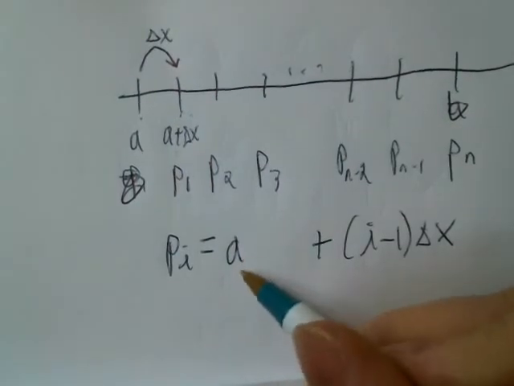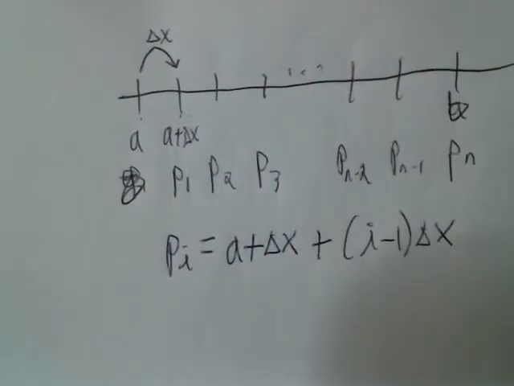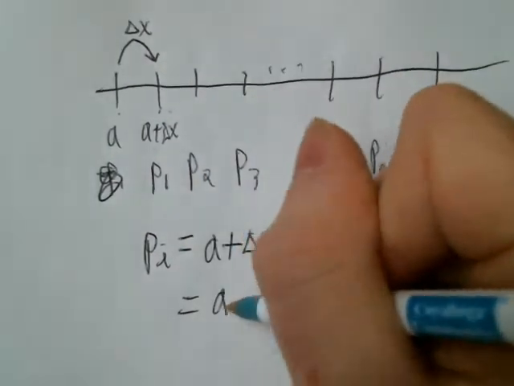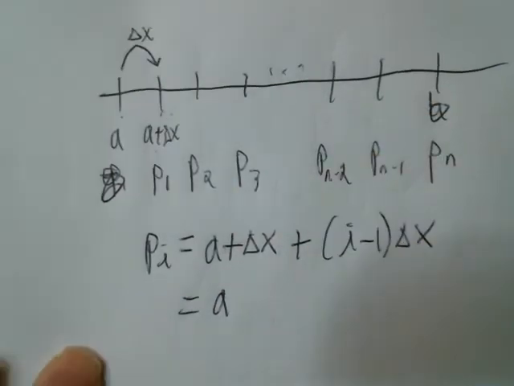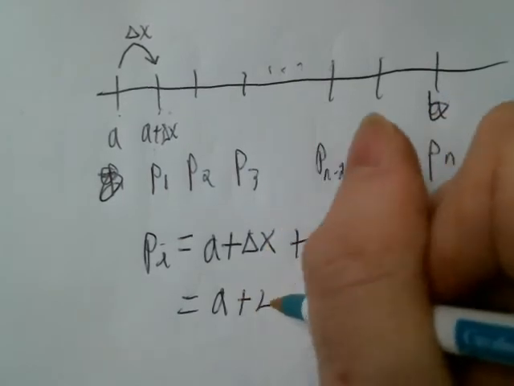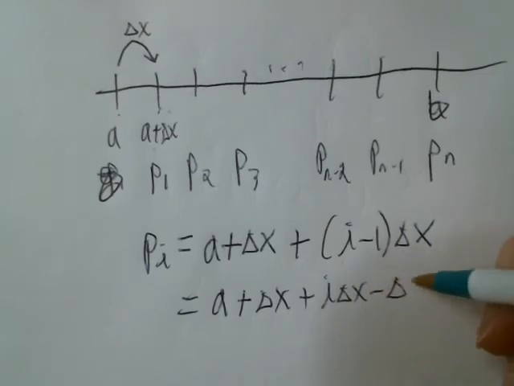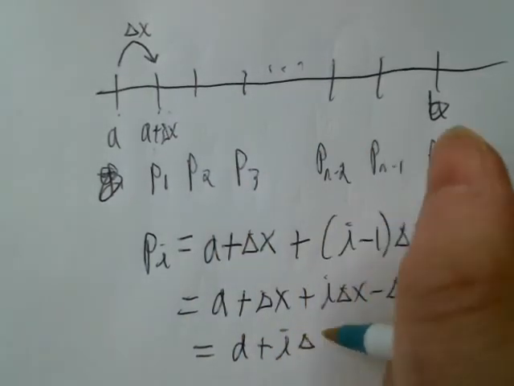So instead of starting at a, I'm going to start at a plus change in x. And then this formula simplifies, which is why generally we'll use the right-hand endpoint when we're doing these crazy limit problems later on. So I'll have a plus change in x plus i change in x minus change in x, which simplifies to a plus i change in x.